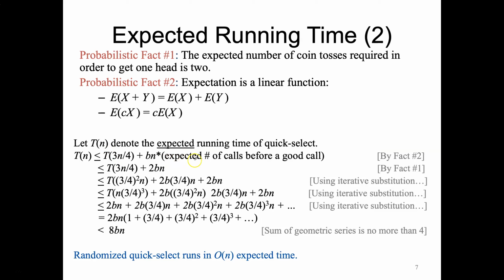So we have the expected number of calls we have to make before it's a good call, and when we do so, we have to partition our sequence. So we have some constant times however many elements we have.